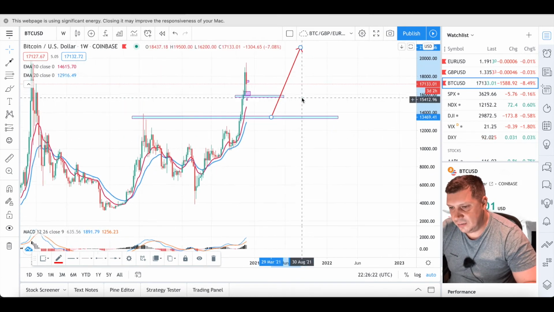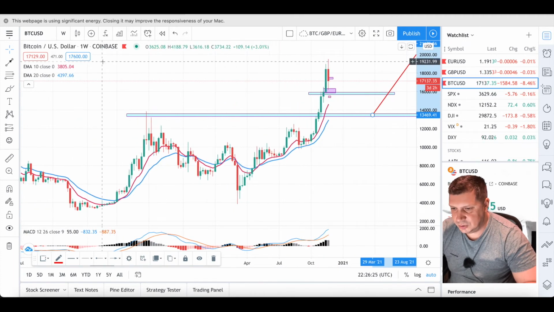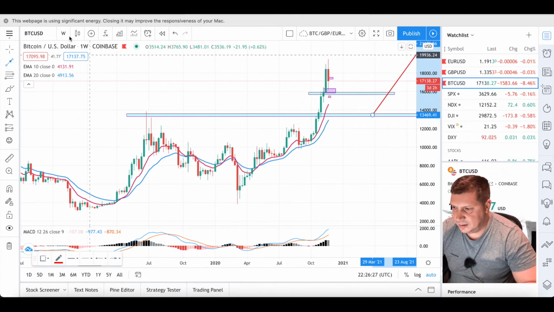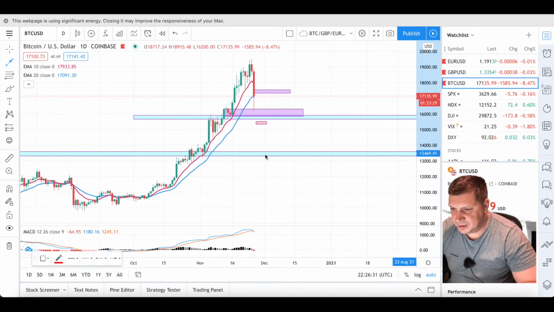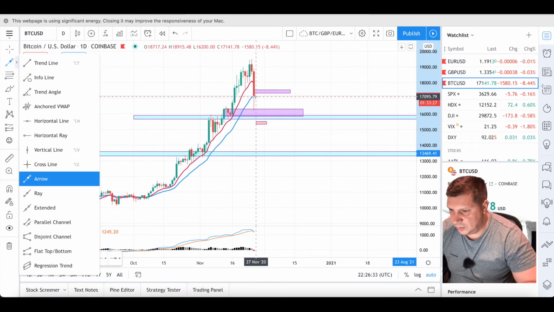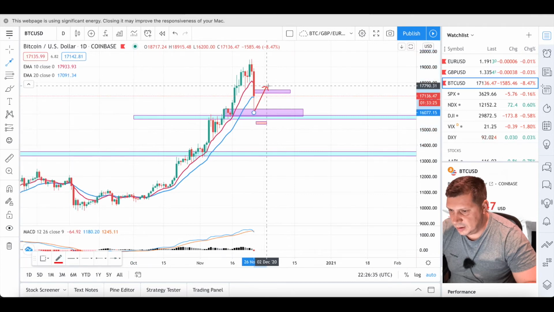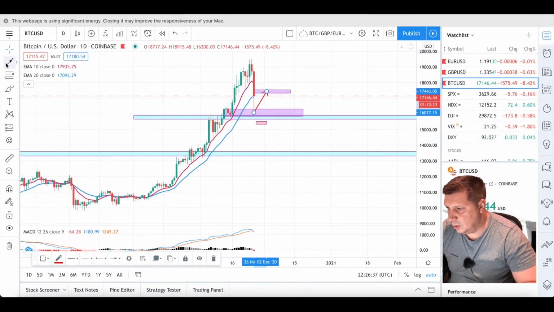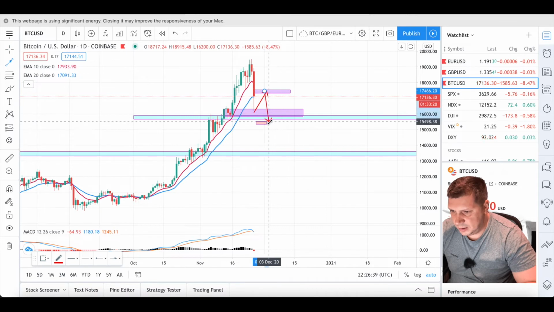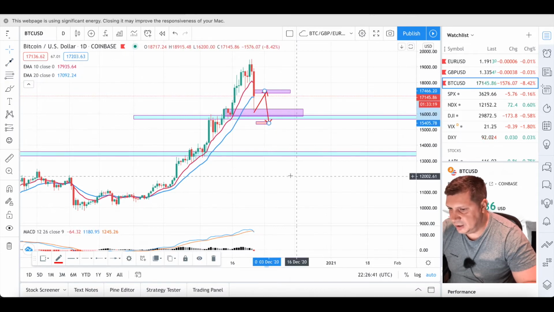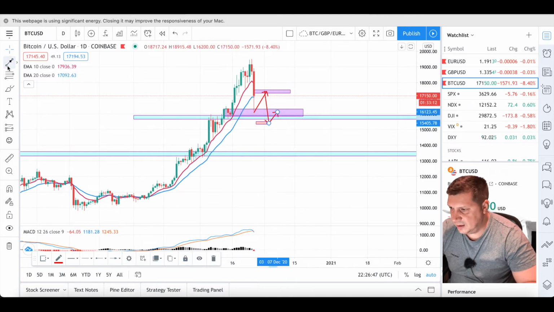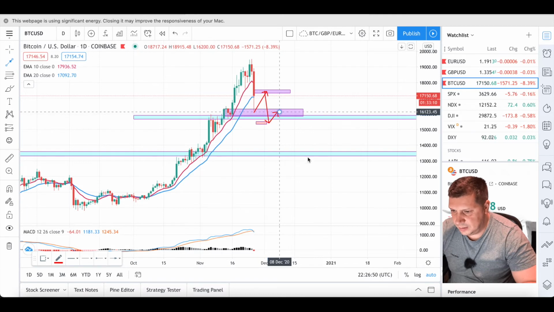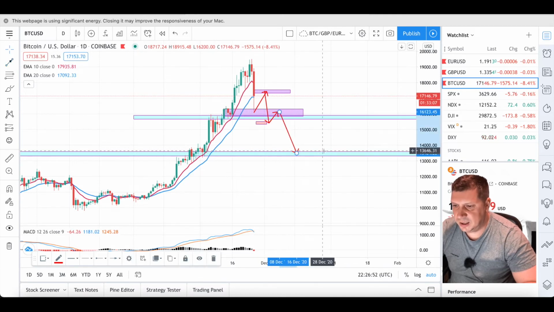But for now, as I told you, we will be making little steps going up, going down until we actually hit 61, then going back again, and then going down until we hit it here.